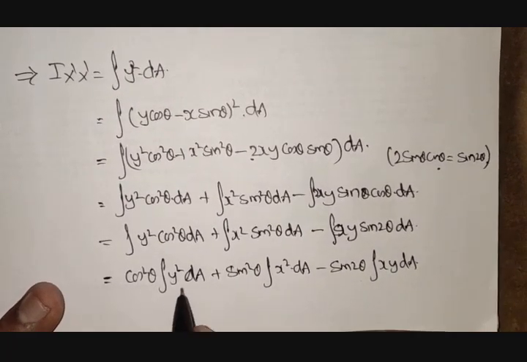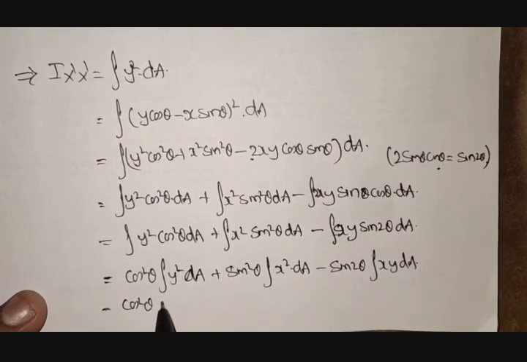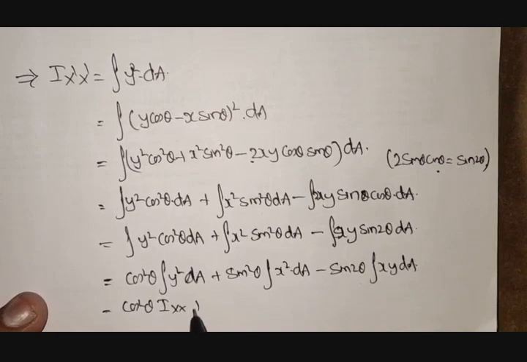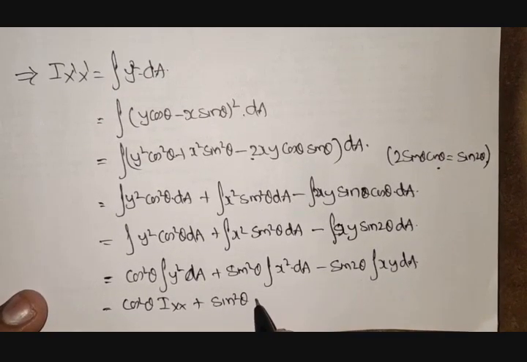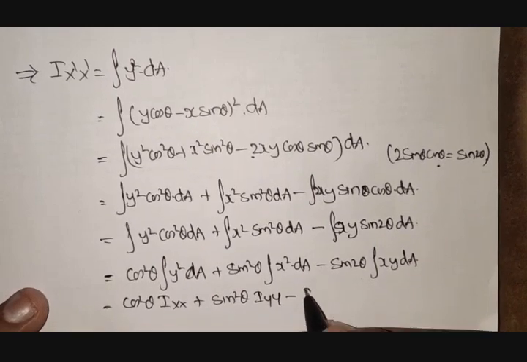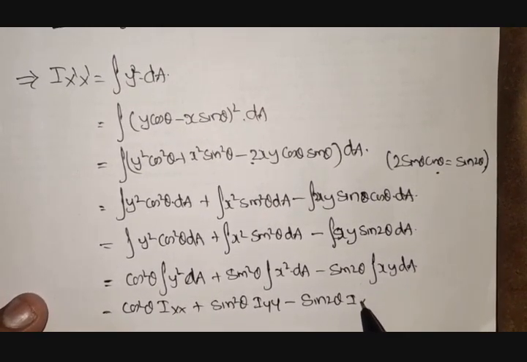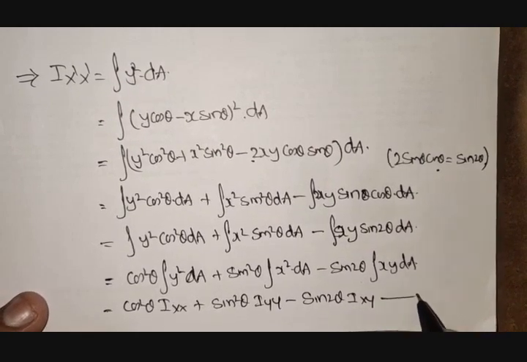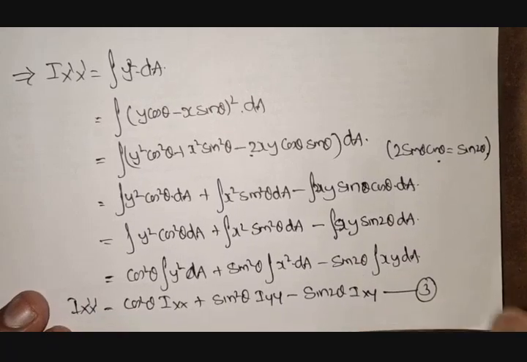So integral y square dA can be written as Ixx, and integral x square dA can be written as Iyy, and integral xy dA can be written as the product of inertia. Make it equation number 3. So this is Ix dash.